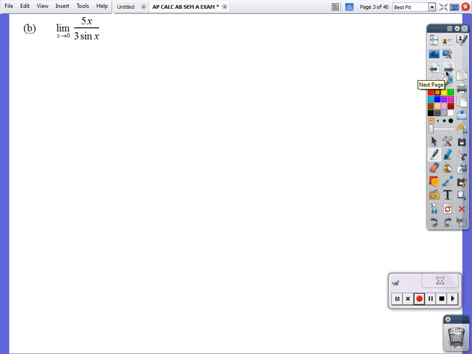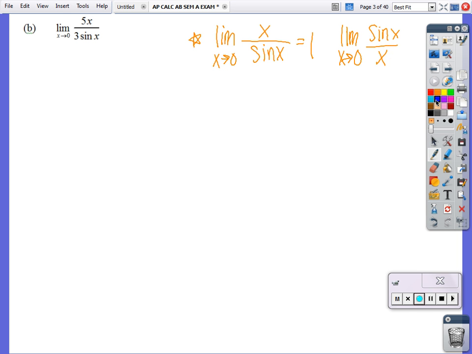Number 2, or letter B, this was one that had a special rule. The limit as x goes to 0 of x over sine of x is equal to 1, and so is the limit as x goes to 0 of sine of x over x. In this problem, it's very similar. So what we're going to do is break this apart.